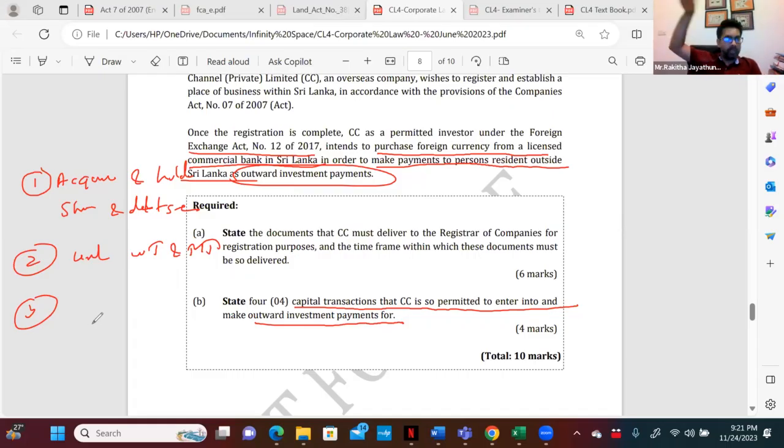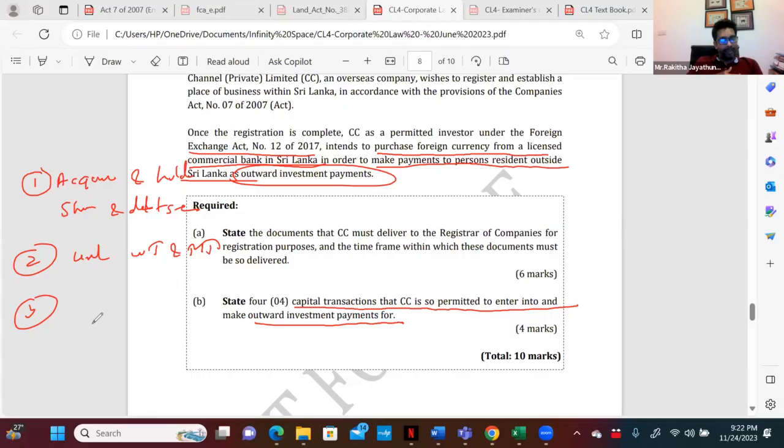So those government bonds are rated. You can invest in sovereign bonds issued by foreign governments, but the credit rating of those bonds should be at the rate or above the sovereign credit rating of Sri Lanka at the time of investment. So that is the third one.